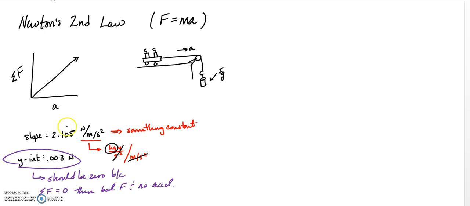Also, if we look at my slope value here, I included all the masses. This number right here is very close to the mass of the system. Because remember, I had the cart, which was 500 grams. The plastic piece was 150 grams.